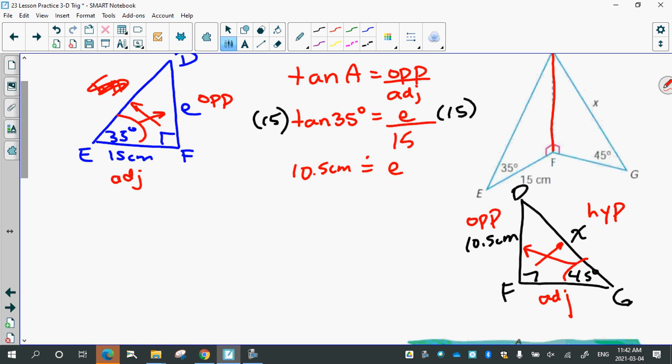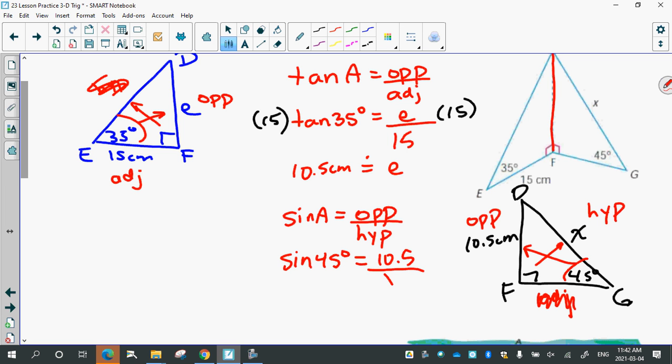So which one would we cross off this time? The adjacent side. Which formula would we use? Sine. Sine of our angle is opposite over hypotenuse. Our angle is 45 degrees, our opposite is 10.5, and our hypotenuse is x.